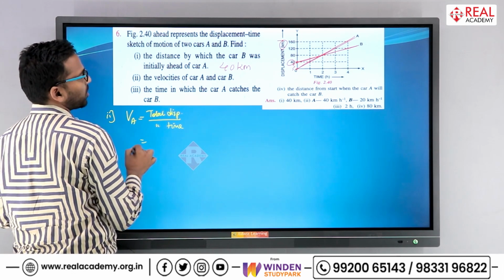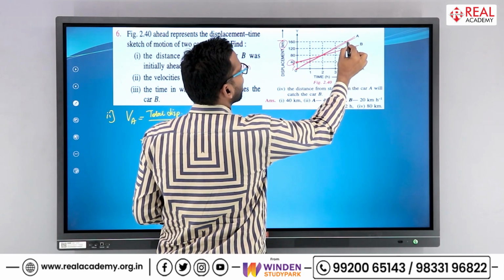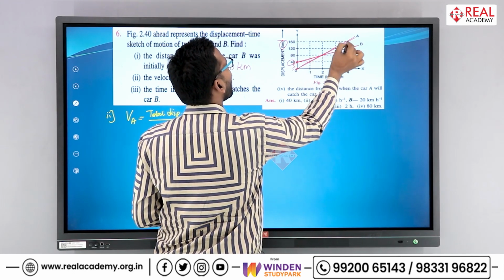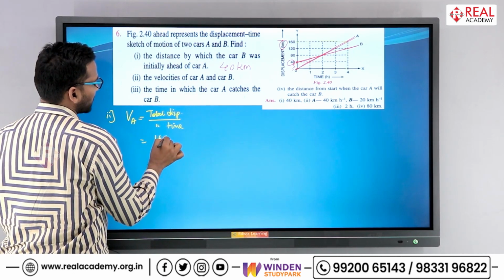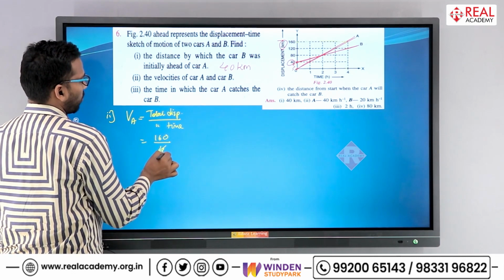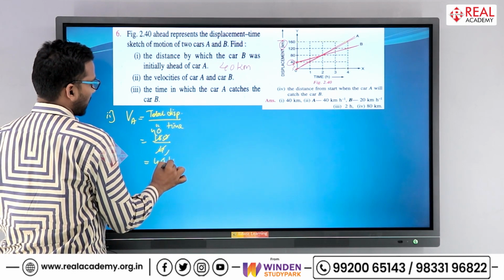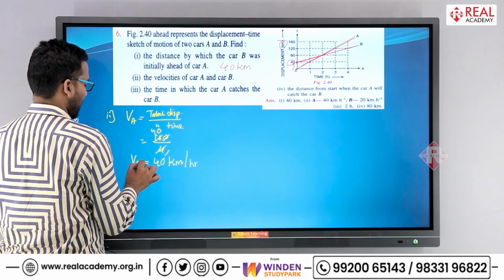What is the total displacement of A? Suppose let us consider it is going till 4 hours. In 4 hours, how many kilometer has it crossed? 160. So 160 by 4, that is 40 kilometer per hour. This is VA.